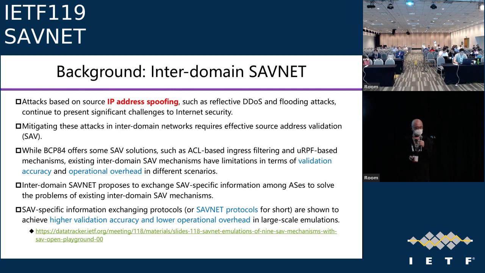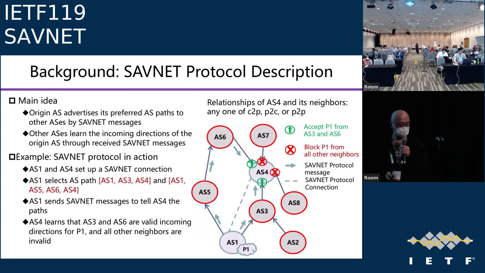So in this working group, we are proposing the Savnet protocols so that the SAV-specific information can be exchanged between the ASs. And in the last IETF meeting, we presented our emulation study to show that our proposal can achieve higher validation accuracy and lower operational overhead in large-scale scenarios.